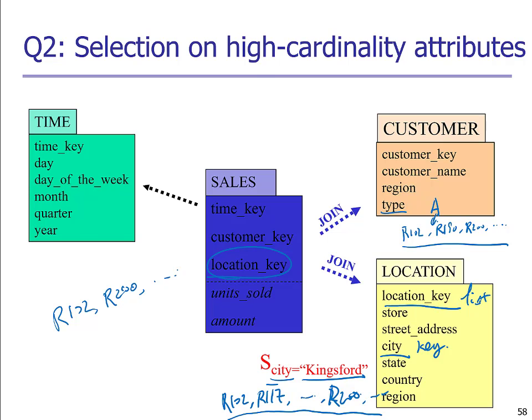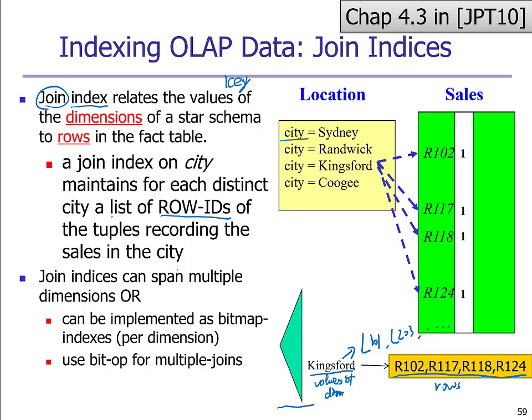All right, and this kind of join index spans multiple dimensions. It can be implemented as a bitmap index. So it is a bitmap join index, which we have introduced before.